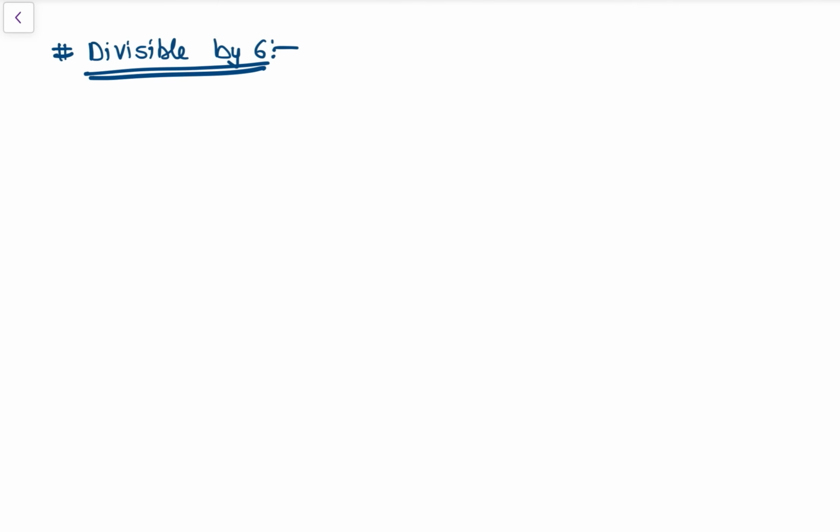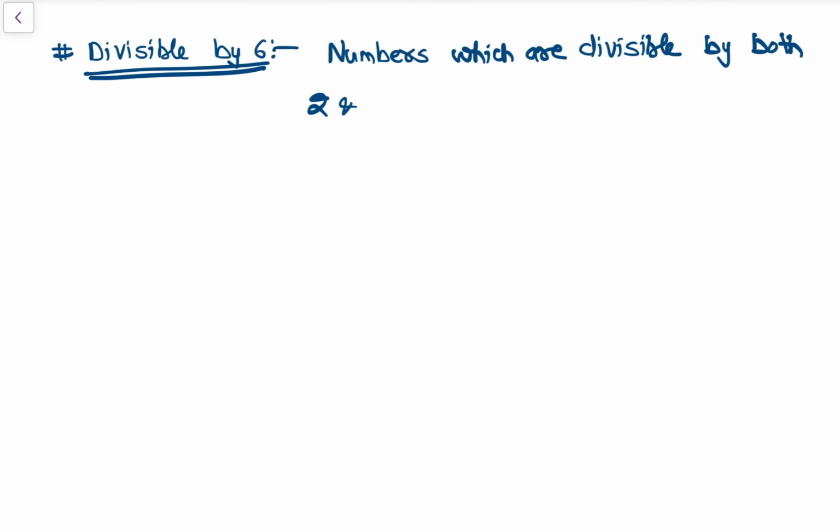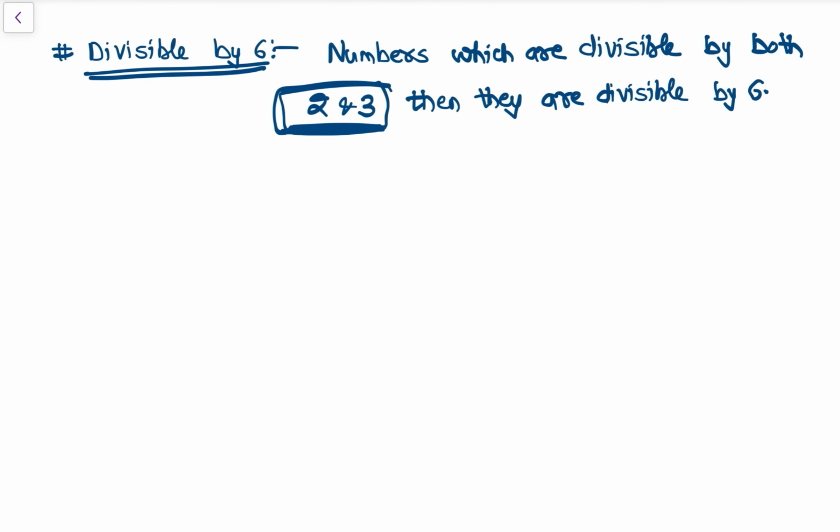These numbers which are divisible by both 2 and 3, then they are divisible by 6. If a number is divisible by both 2 and 3, then it will be divisible by 6 too.